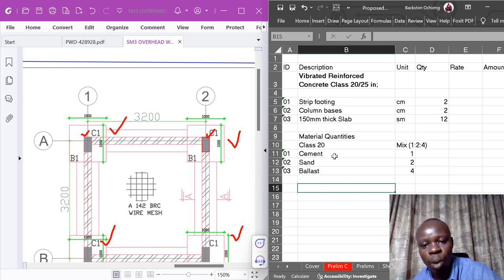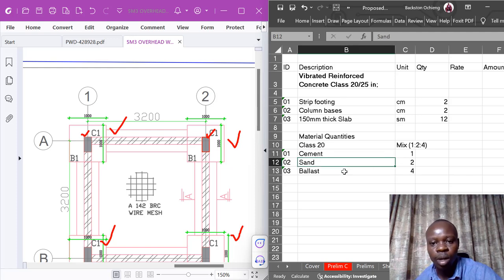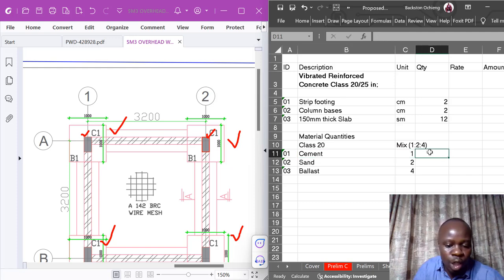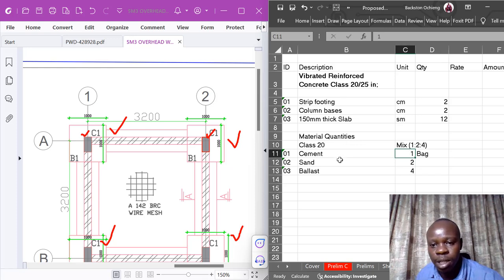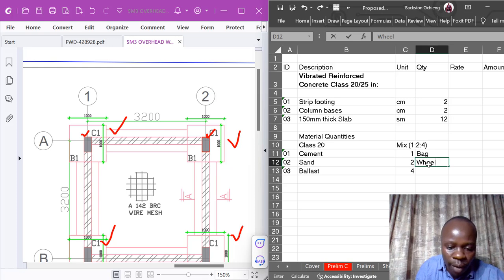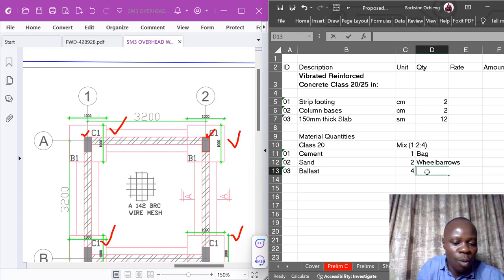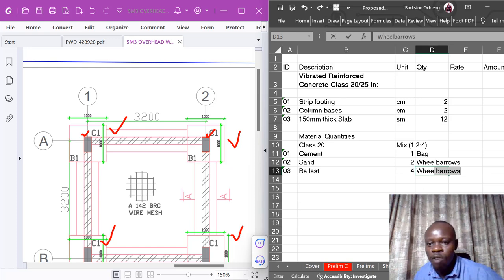This is where the ratio comes down to: the 1 is according to a bag, 1 bag of cement, and the 2 is according to wheelbarrows. So 1 bag of cement will go with 2 wheelbarrows of sand, and 4 wheelbarrows of ballast.